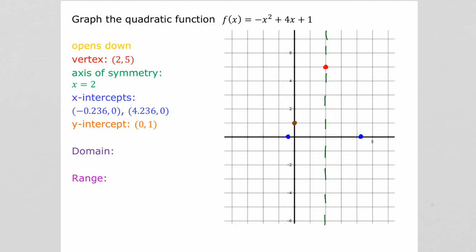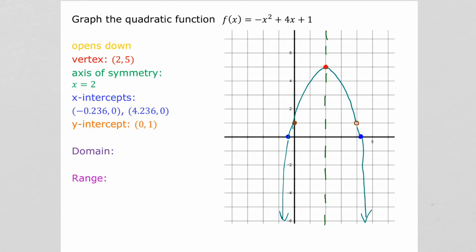Since this is a parabola and it's symmetric with respect to that line, x equals 2, then I can go ahead and plot this point over here. It will be on the parabola also. And now we can graph our parabola very carefully. Oof, that was bad.